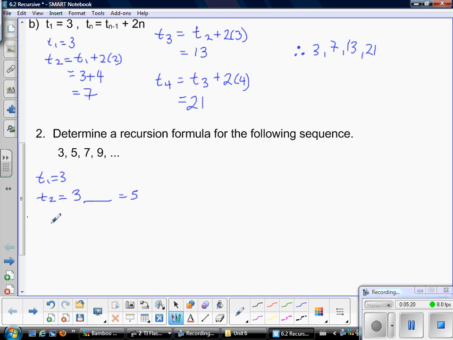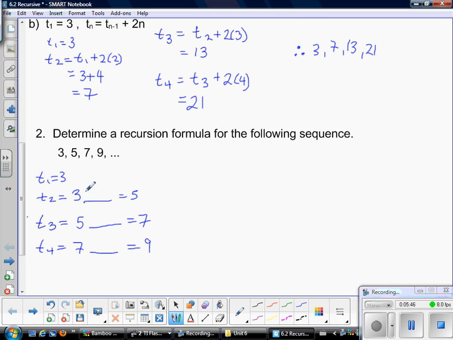T3 would have to have the term before, which we know is 5, and the same thing happens to equal 7. For t4, I have to use the term before, which is 7, do something to it, and that has to equal 9.